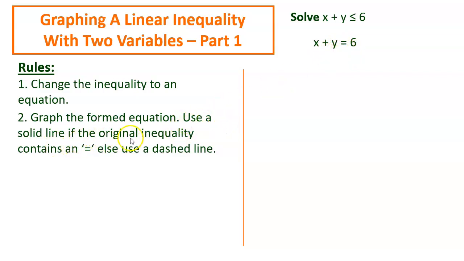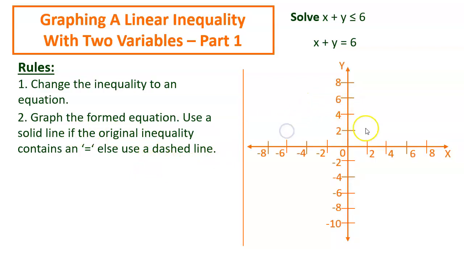Use a solid line if the original inequality contains an equal to sign. In our case, the original inequality contains the equal to sign, so we will be drawing a solid line. But if the question was x plus y is less than 6, then we would have drawn a dashed line. If the equality sign is included, it will be a solid line, else it will be a dashed line.